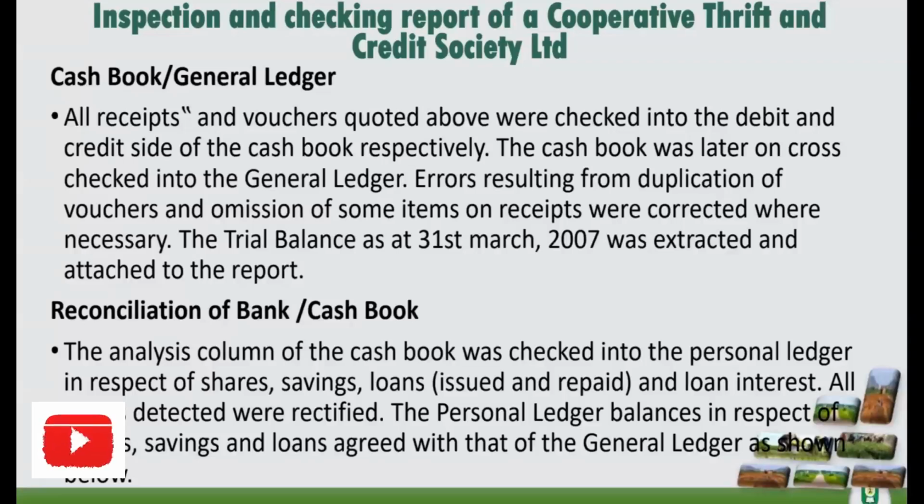Concerning reconciliation of bank and cash book, this is how you present your report. The analysis column of the cash book was checked into the personal ledger in respect of shares, savings, loans, and loan interest. All errors detected were rectified. The personal ledger balances in respect of the shares, savings, and loans agreed with that of the general ledger as shown above.